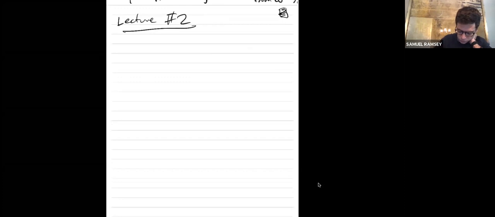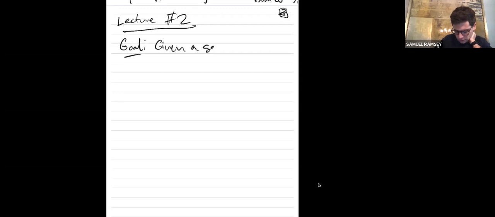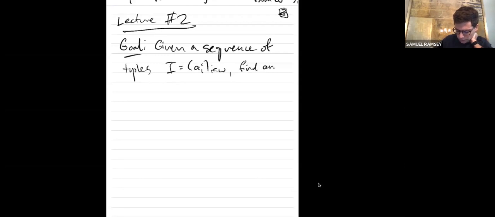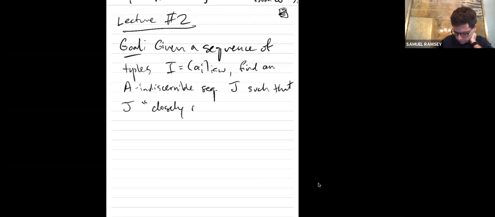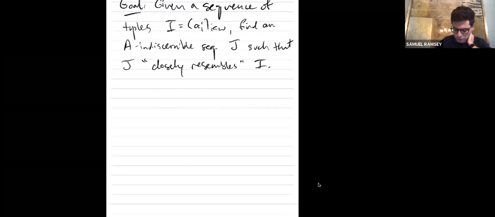The goal was, given a sequence of tuples I, which is (a_i), i less than omega, find an A-indiscernible sequence J such that J somehow closely resembles I. And we gave precise meaning to what closely resembles should mean in terms of something called the EM type.